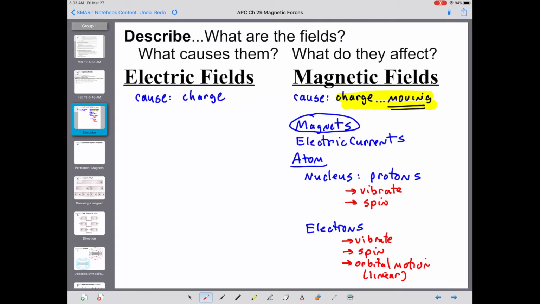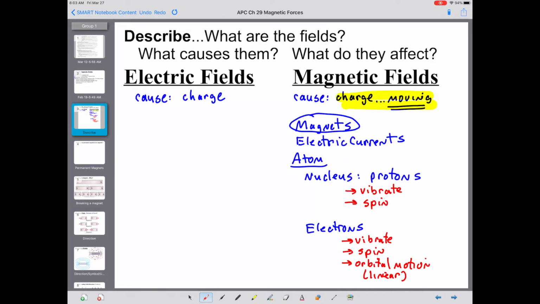It comes down to balanced motions, basically. If you have an electron, for example, orbiting in a clockwise direction, it will produce a magnetic field. Well, what if you have another electron that's orbiting in a counterclockwise direction? Then it'll produce an opposite magnetic field, and they will negate each other.